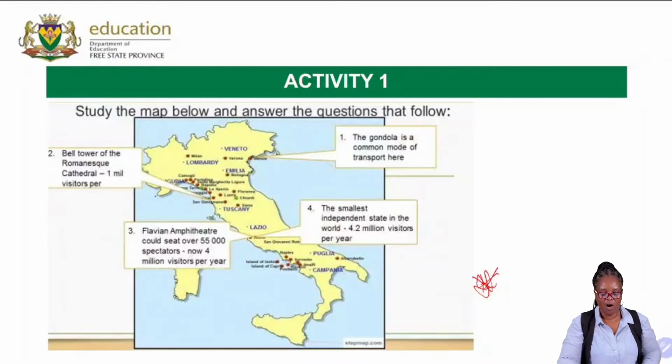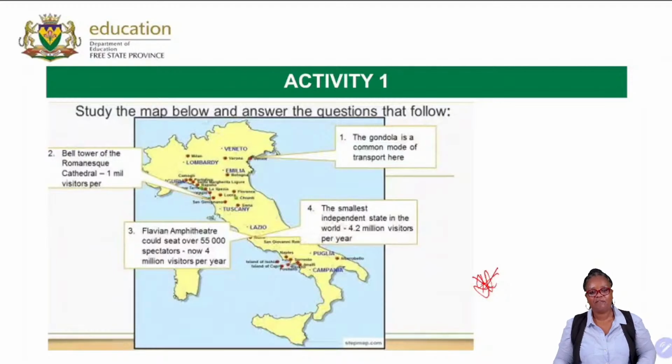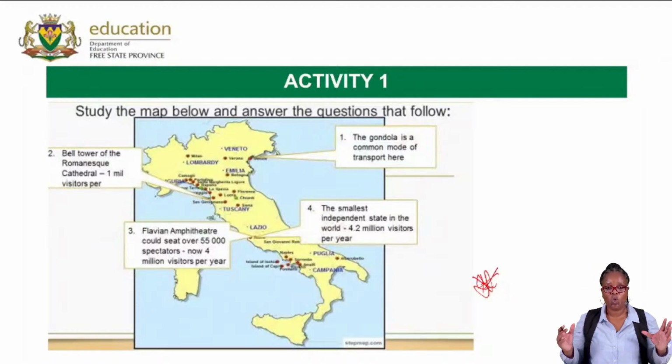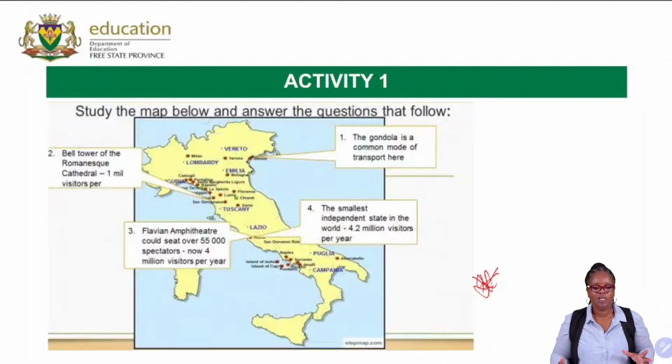So we have 4 scenarios, and this map, the one we have been dealing with for the past minutes, is Italy. You have to know your world map. You must have the world map, and you have to know your continents and your cities, so that it will be easier for you to identify or to locate the icons from the world map.